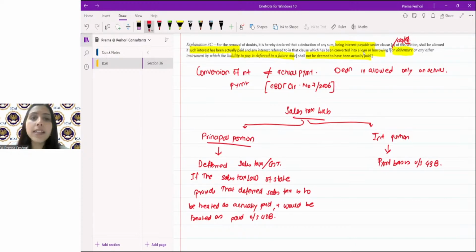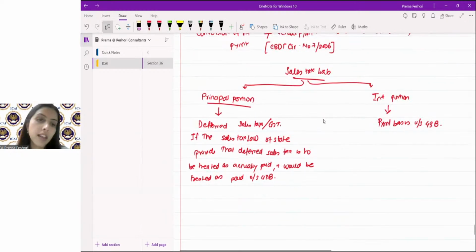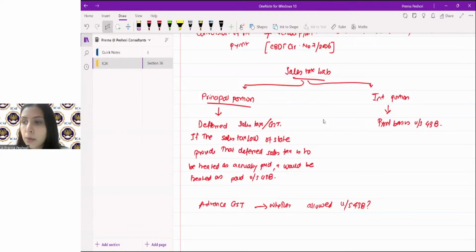What if it's advance taxes which are paid? Let's say advance GST. Is it allowed under section 43B? Section 43B is a provision of disallowance, and it doesn't enable the taxpayer to claim something which is not allowed. It is not a provision which allows something. So if advance GST is paid, it is not allowed unless and until the expenditure is incurred.